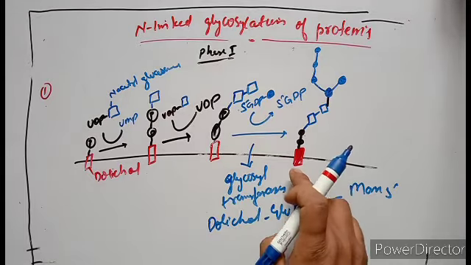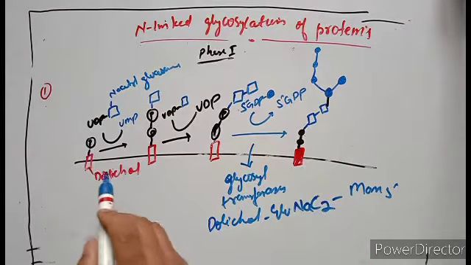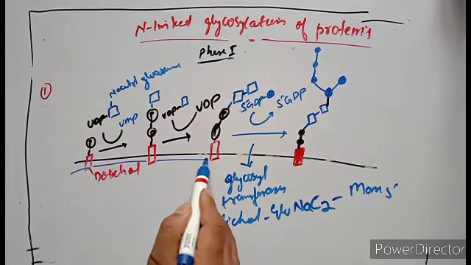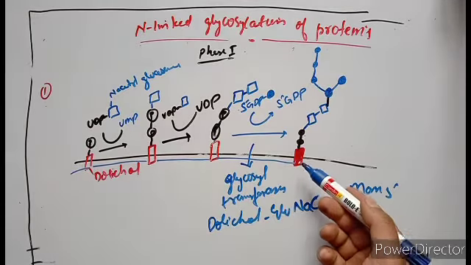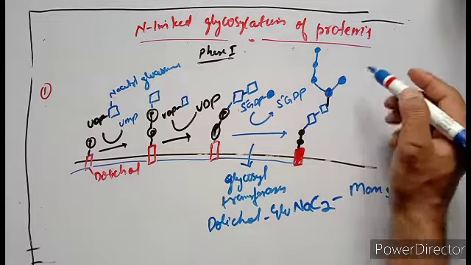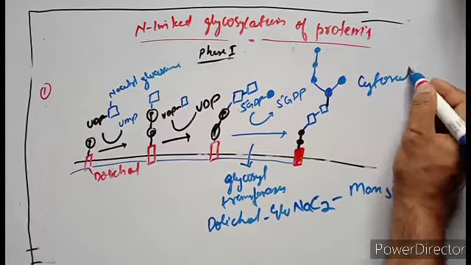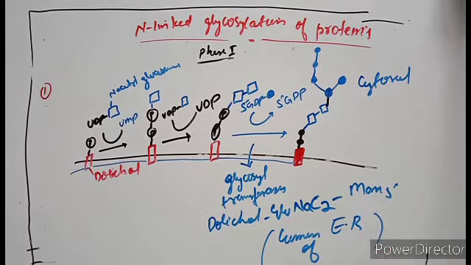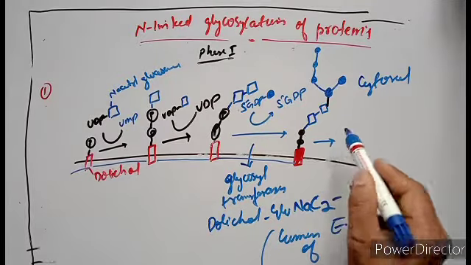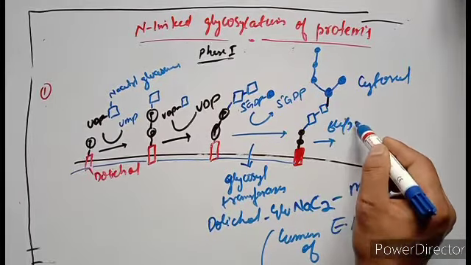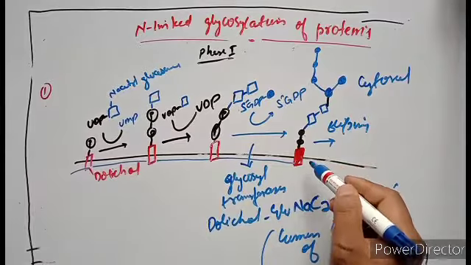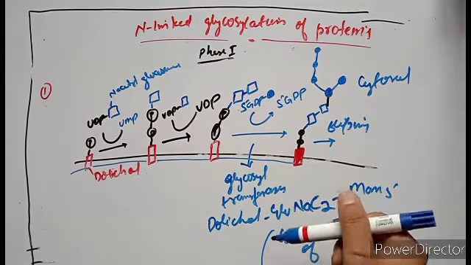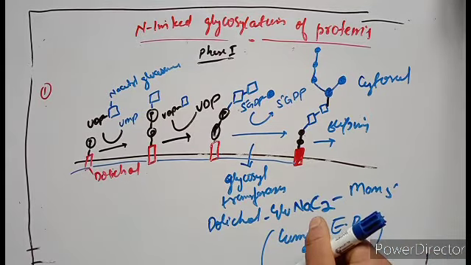So now this dolicol will flip, and now this is the cytosol, and this is the lumen of the endoplasmic reticulum. So the next reaction is the flipping of this dolicol to the inside, the lumen of the endoplasmic reticulum.